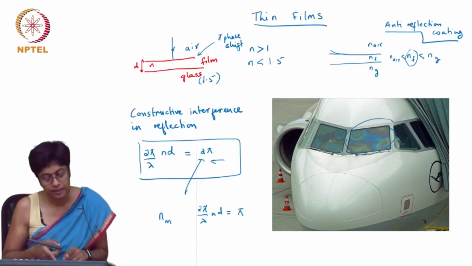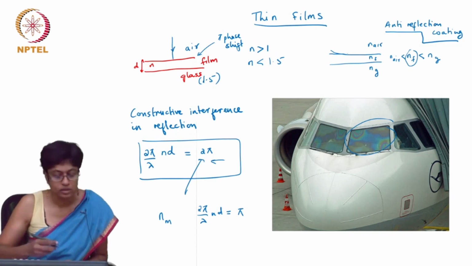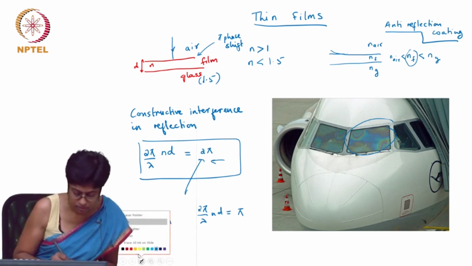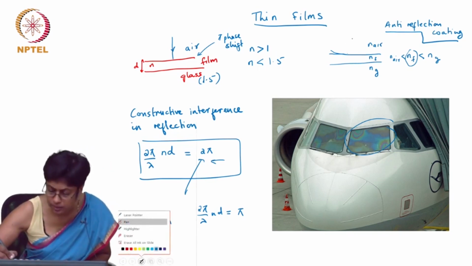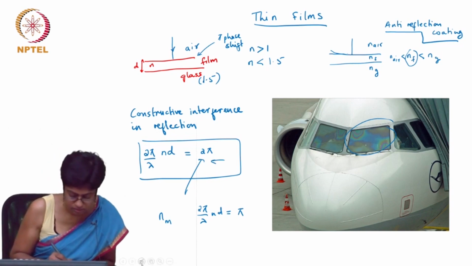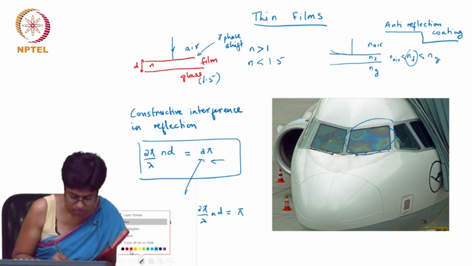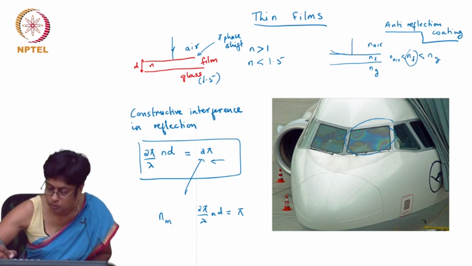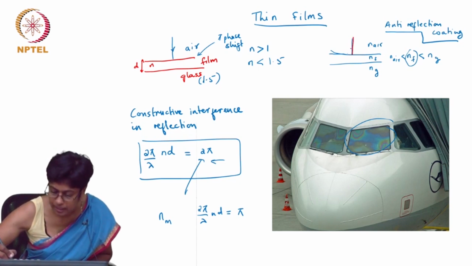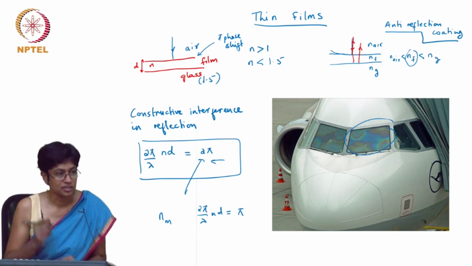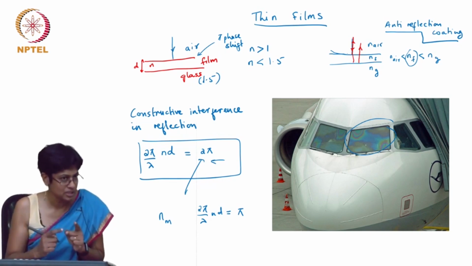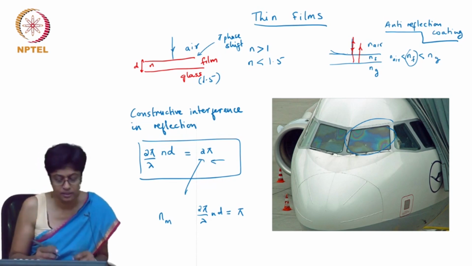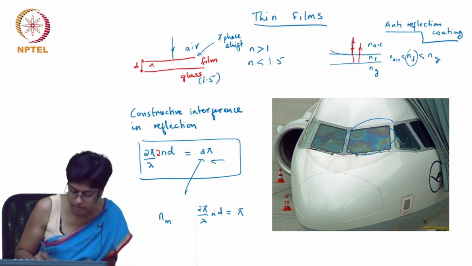It's not 2 pi by lambda into Nd, because there's one beam hitting this surface and reflecting, and then it carries on, and I'm just showing it displaced just to make it easy to see, and comes here. So, the distance that actually has been travelled is 2 Nd. So, there is a 2 here and there is a 2 here.